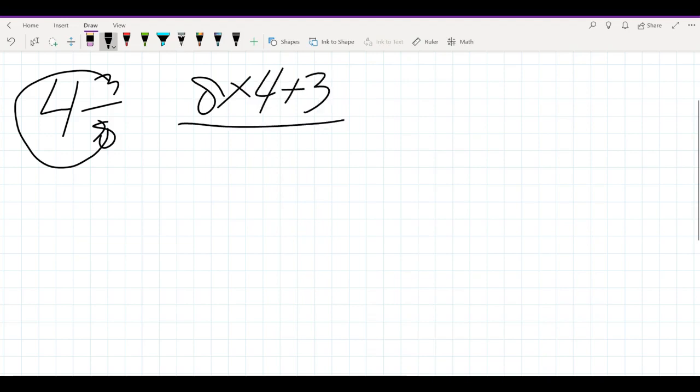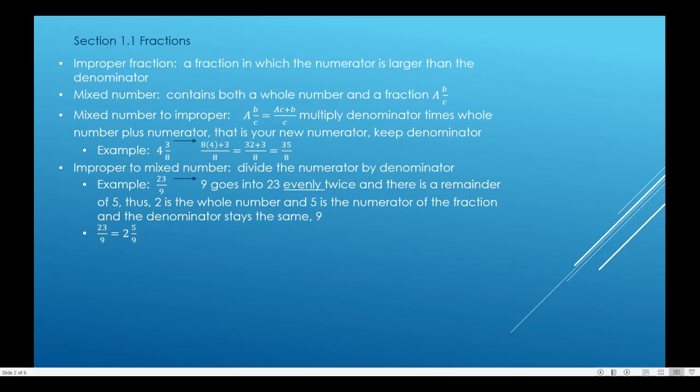That becomes your numerator once you figure that out, and you keep the 8 as your denominator. 8 times 4 is 32, plus 3 is 35. So the numerator is 35, the denominator is then 8. So the mixed number 4 3/8 converts to the improper fraction 35 over 8.